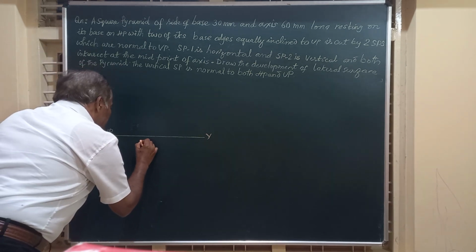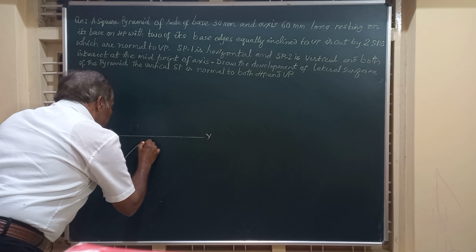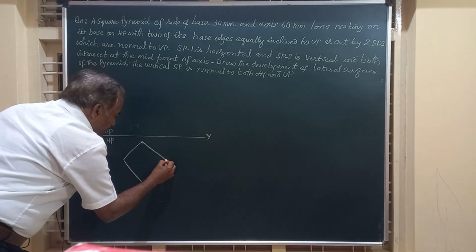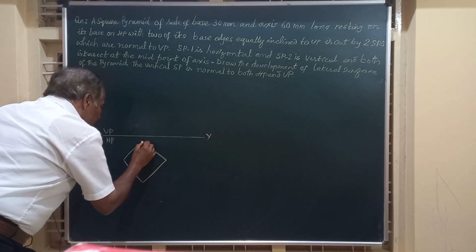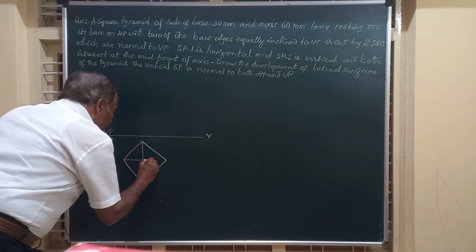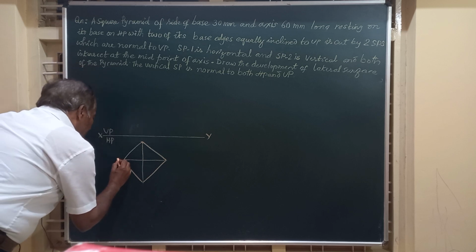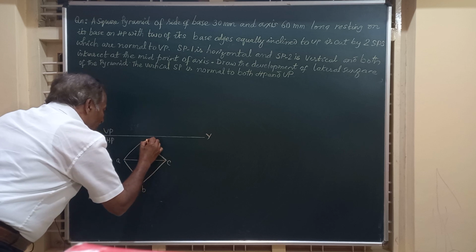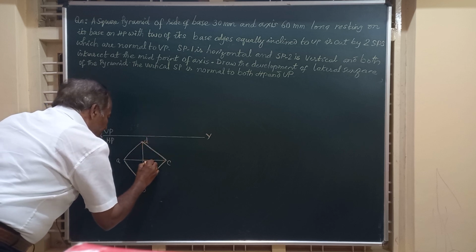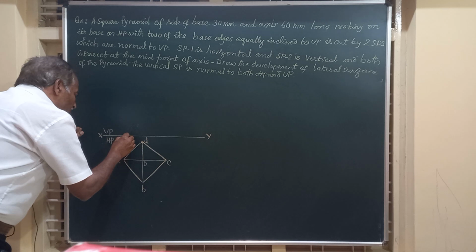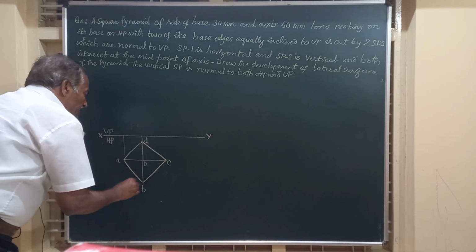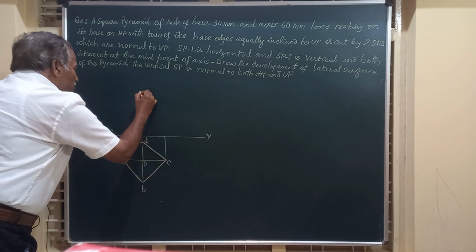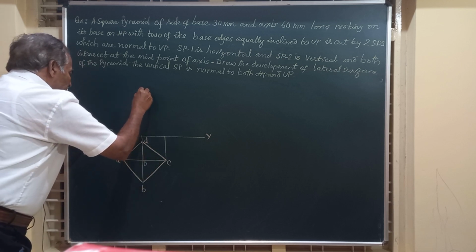And here I construct a square of side 30 millimeter, join the diagonals to represent these slant edges, and I just name it as A, B, C, D. O is the vertex, and I'm going to project all the lines from here, A, D, B, and C, and obtain the front view, which is seen as a triangle here.